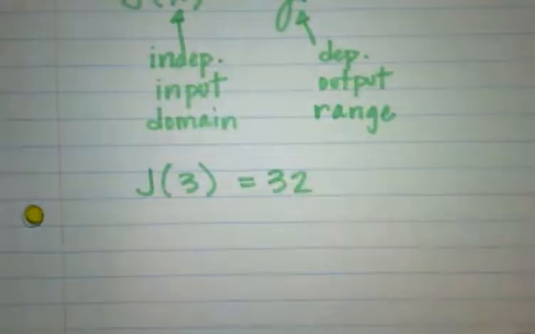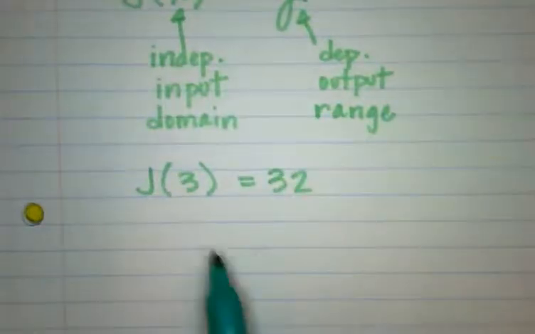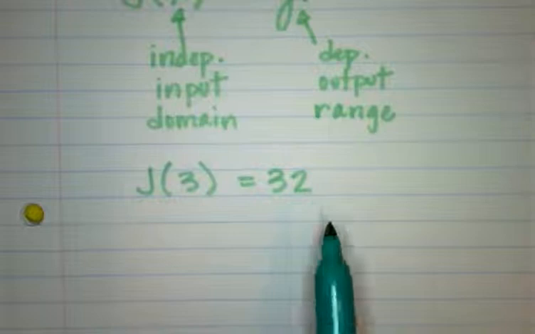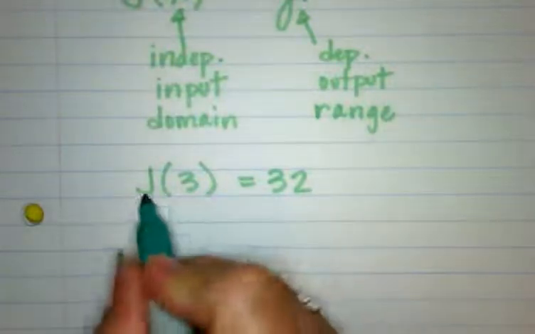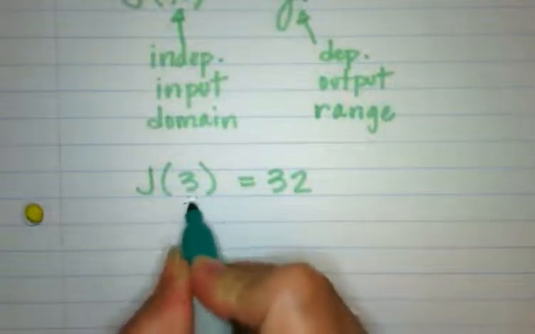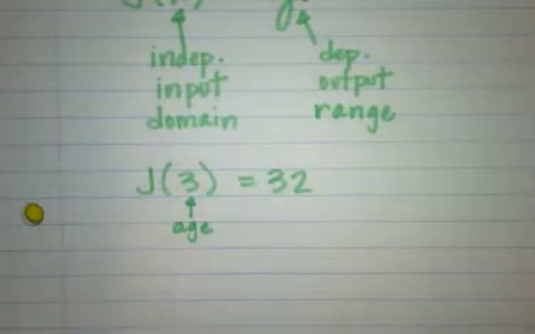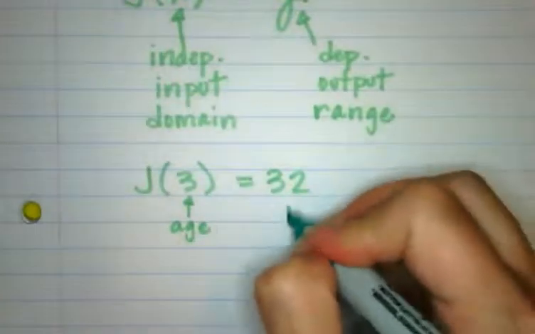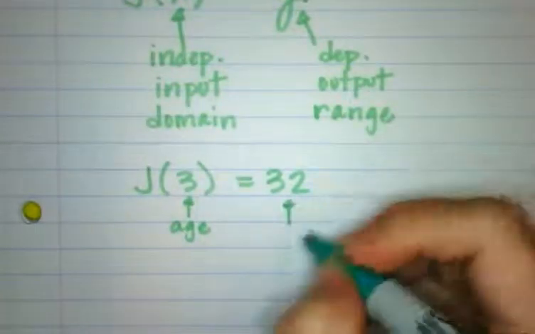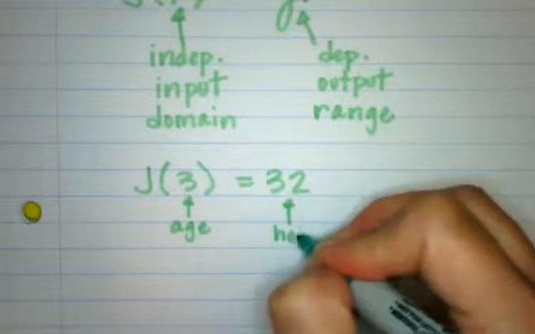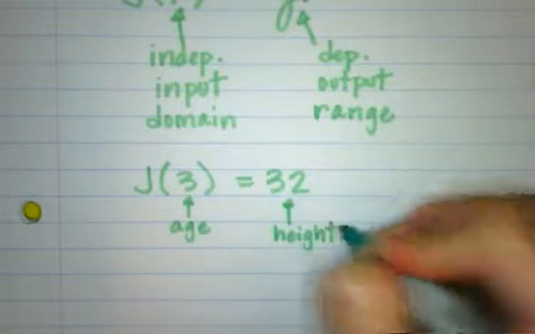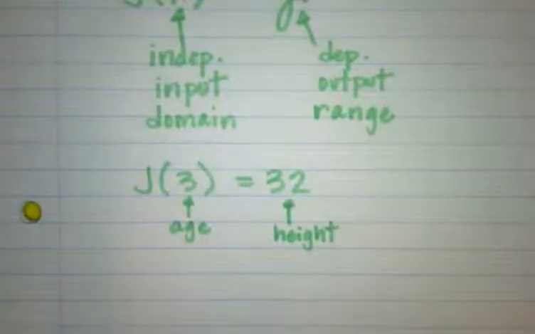So let's say it said something like this, and we learned that this is just a shorthand way of saying that Julia at age 3, because age was the variable for the x, was 32 inches tall, and that was because the height was the y variable.